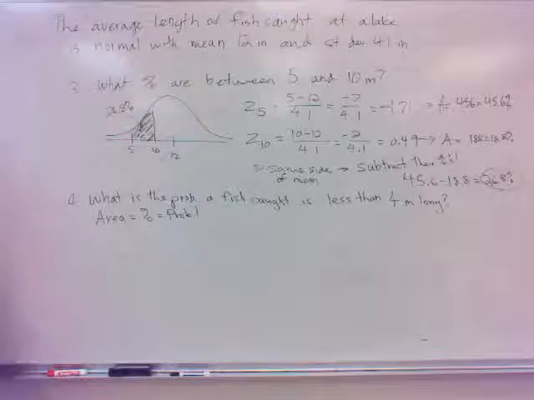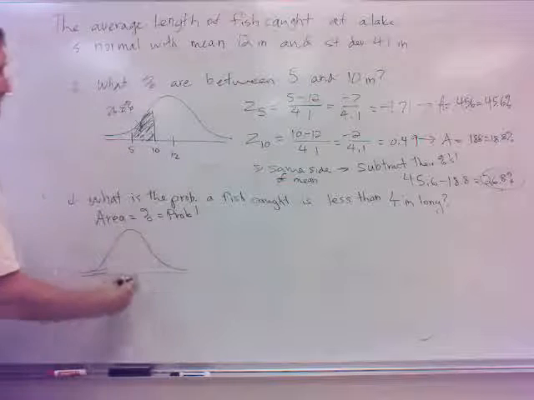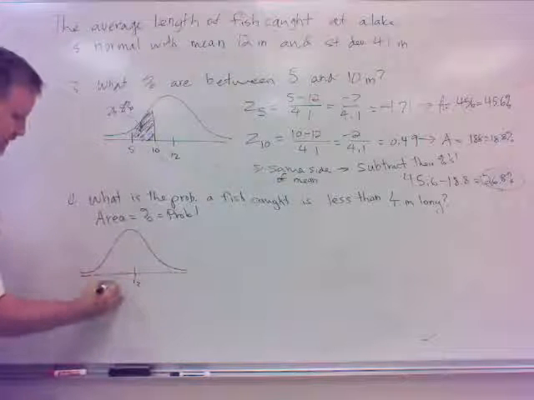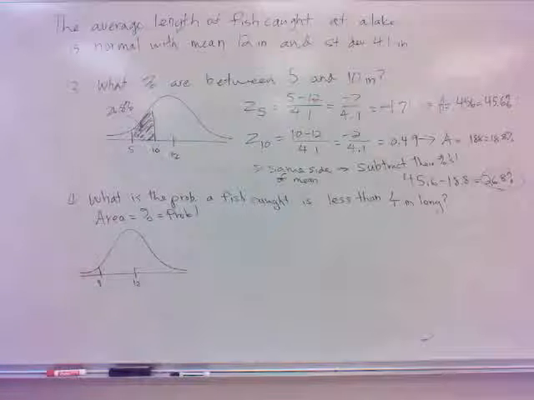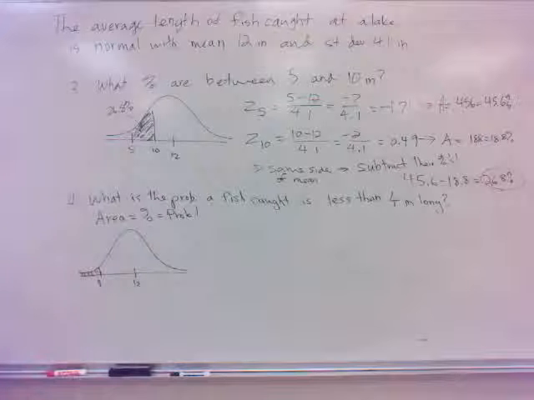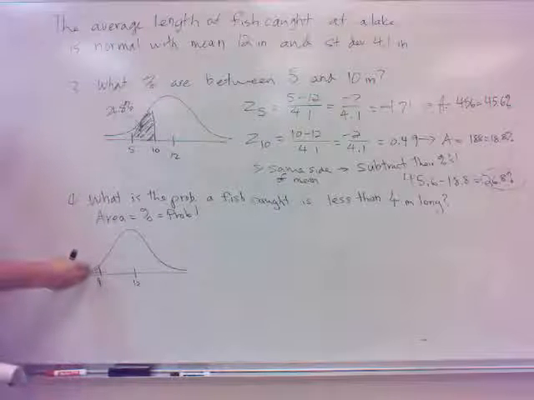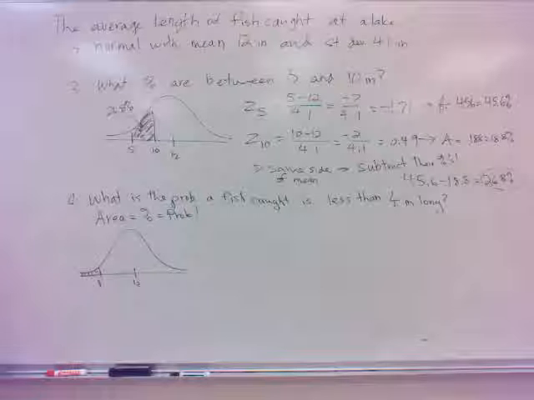I'm going to use my table. I'm going to draw my curve. 12's here, 4 is way over here, out here. But I'm still asking for that area or that percentage. So don't let the probability thing throw you. It's still asking the same sort of thing.